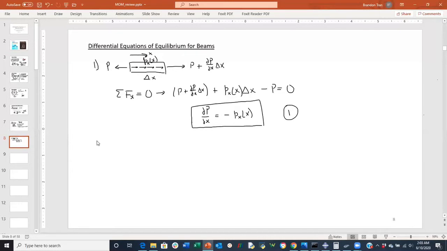So our second system equation. So you can do the same thing for your shear stresses. I'm not going to draw out the diagram, but essentially if you sum forces in the y or z directions, right? So if you sum forces in the y direction, for example, you yield the following.